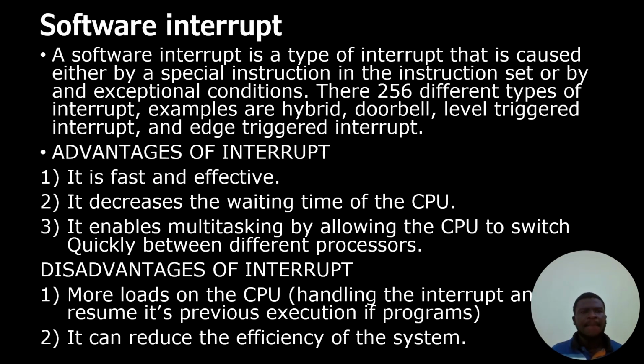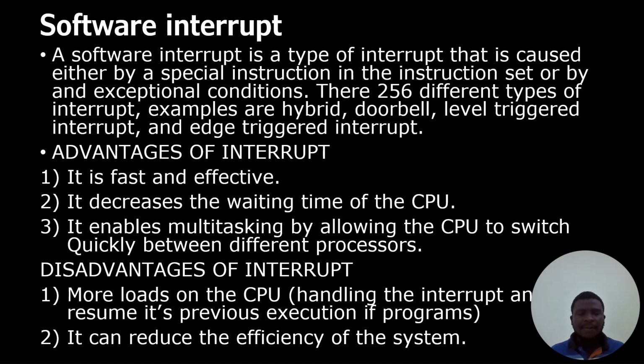A software interrupt is a type of interrupt that is caused either by a special instruction in the instruction set or by an exceptional condition. Okay, so there are 256 different types of interrupts. Some of these examples are hybrid, doorbell, level triggered interrupt, and edge triggered interrupt.